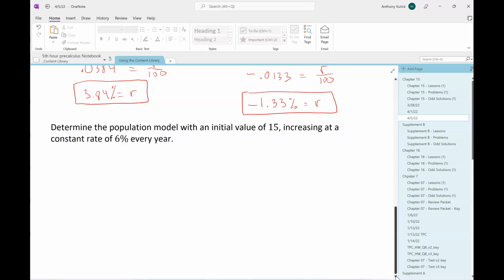The next question, I'm asking you to determine the population model with an initial value of 15, increasing at a constant rate of 6% every year.